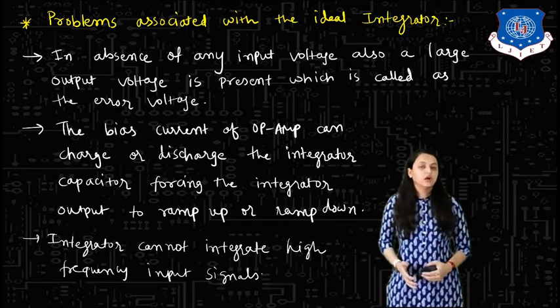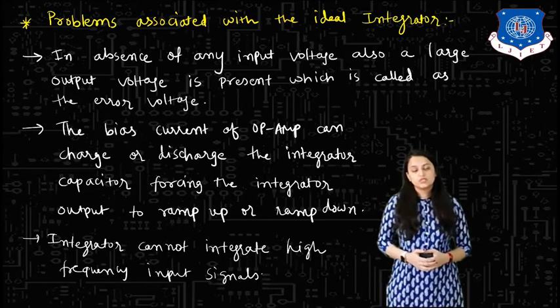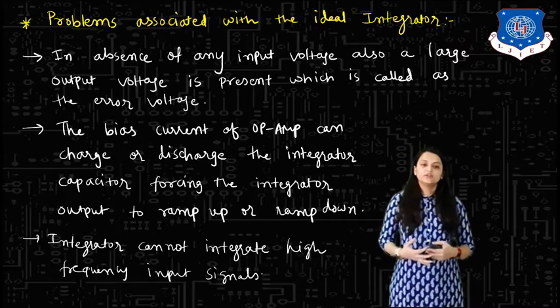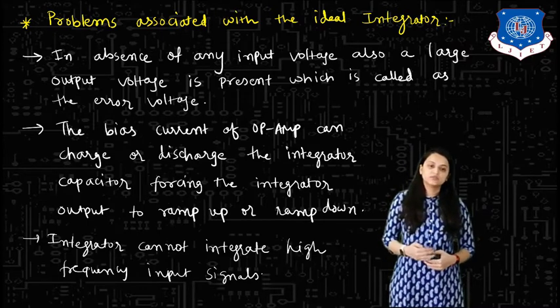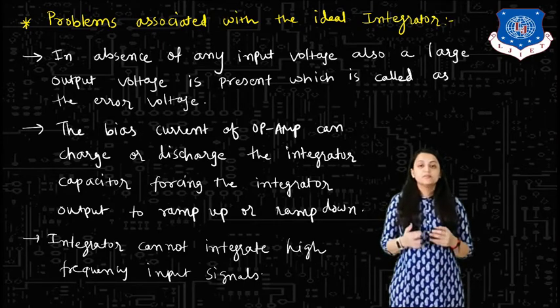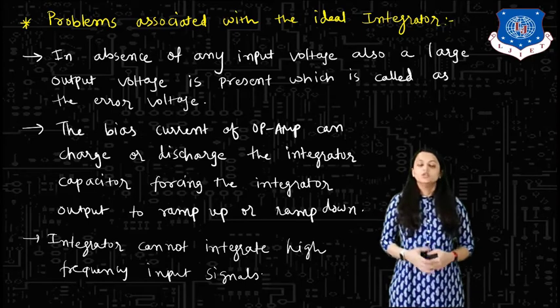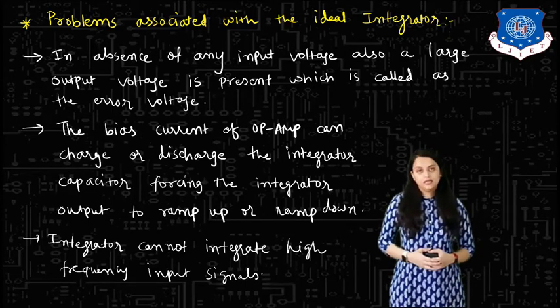Because of this, the integrator cannot integrate high frequency input signals. So, whenever we have high frequency input signals, we cannot integrate them using the ideal integrator. This is the biggest problem associated with the ideal integrator. So, to overcome this, we are using the practical integrator.